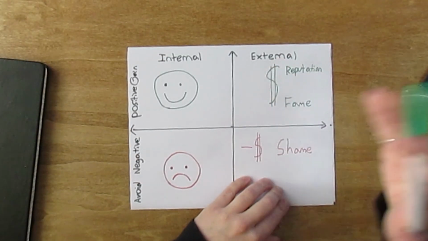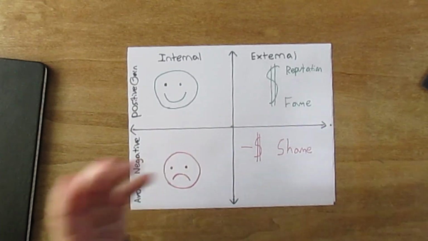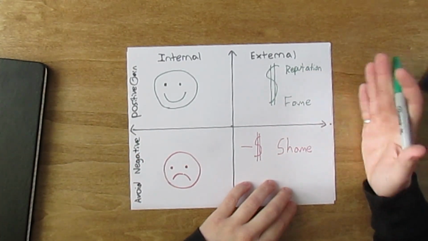There's a lot of stories, and it's kind of a cultural trope, of somebody who is just pursuing external things like fame and wealth and how that's kind of an empty pursuit and it ultimately leaves them unsatisfied, that kind of thing. There's also a lot of stories where characters spend a lot of time avoiding shame or some kind of external cultural unhappiness about what they're doing, and that's also generally not a recipe for a happy character.